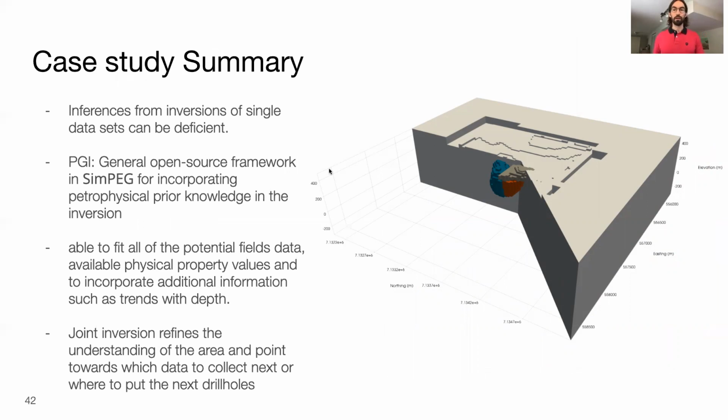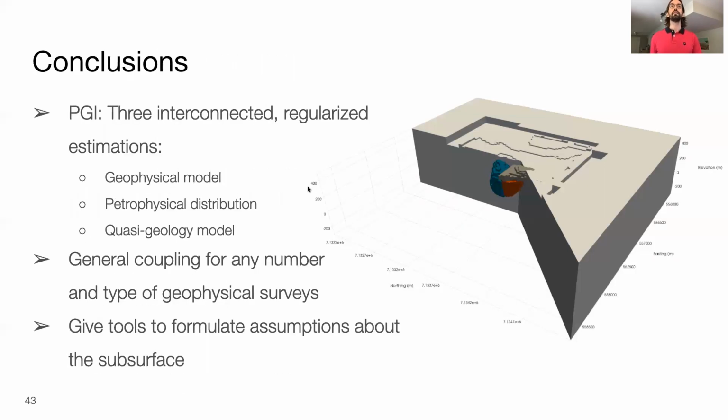And we're able to fit all the potential field data at the same time, as well as the physical property information, and include information such as trend with depth, etc. And that concludes our presentation of this new framework.